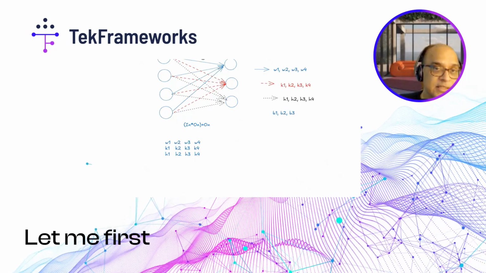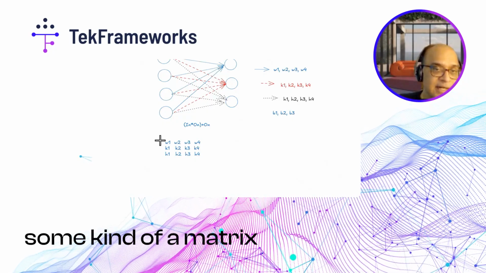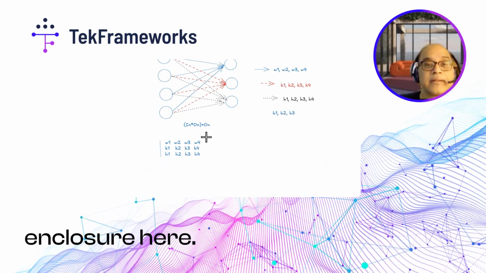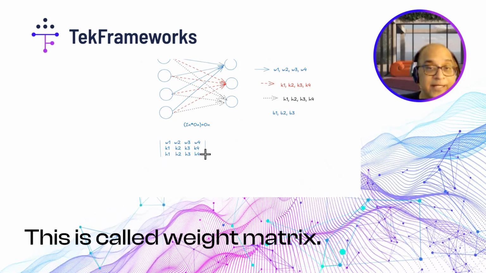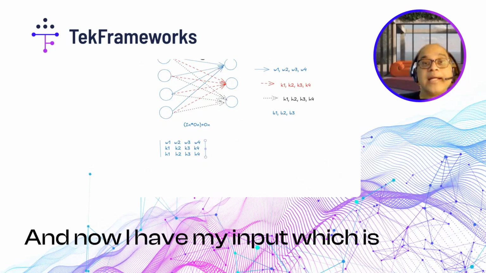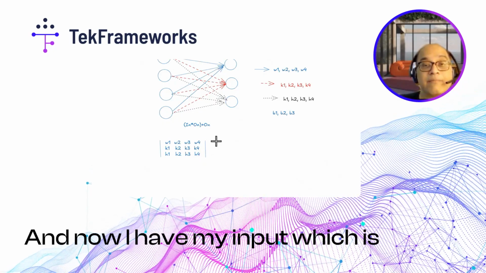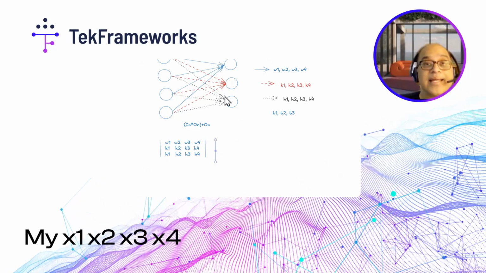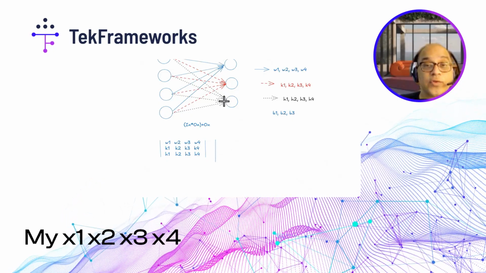Let me first put some kind of a matrix enclosure here. This is called the weight matrix. And now I have my input, which is my x1, x2, x3, x4.